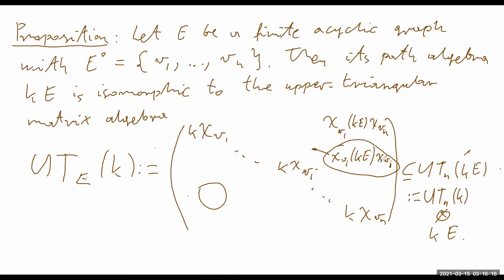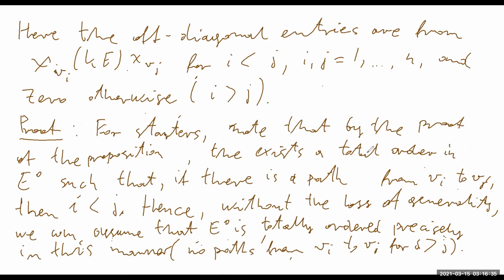Because all other paths are killed. I mean, chi's labeled by paths that do not start in vi and do not end in vj are killed by the sandwich. I think it's clear. But it's a neat way to write it down.